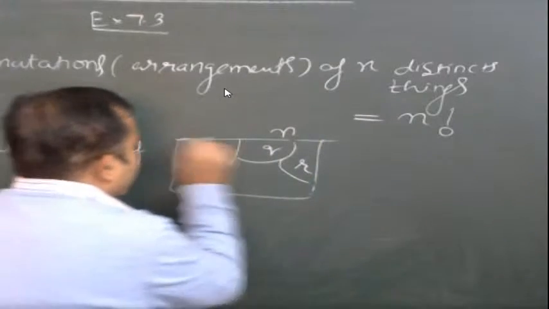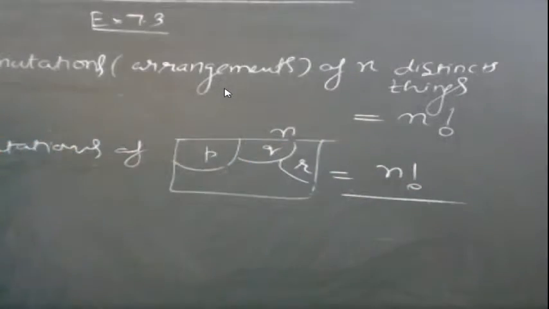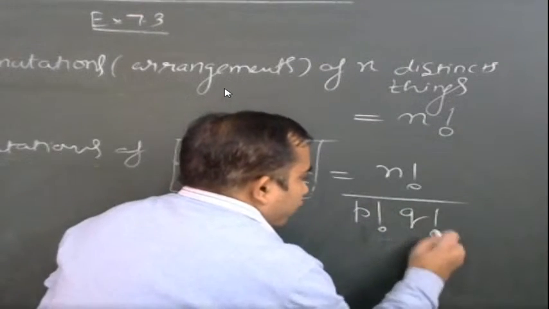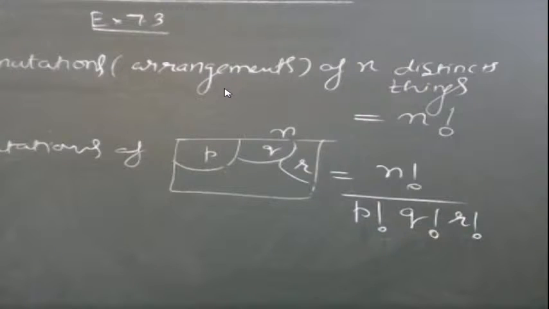Then total such permutations of n objects are given by n factorial divided by p factorial, q factorial and r factorial, right. So, these two formulas yesterday we discussed, and we were doing exercise 7.3, in which this formula will be used.